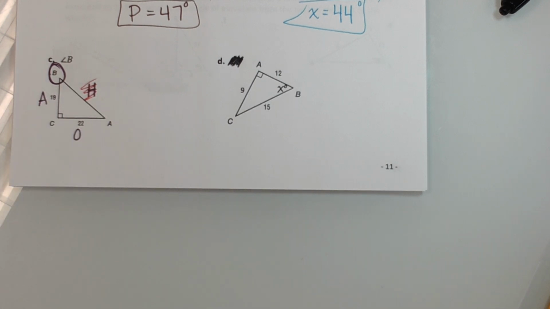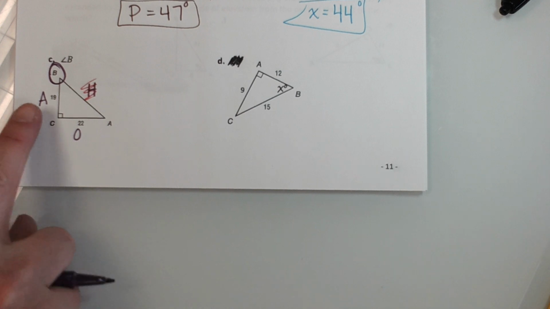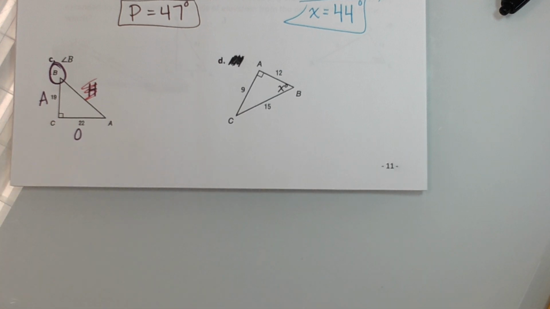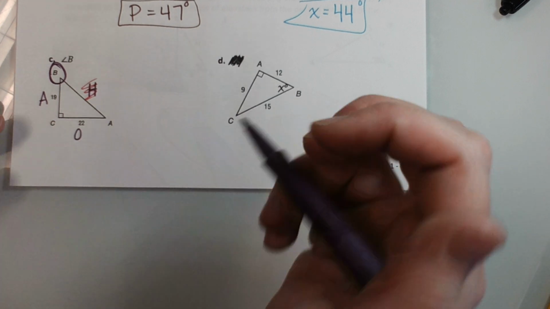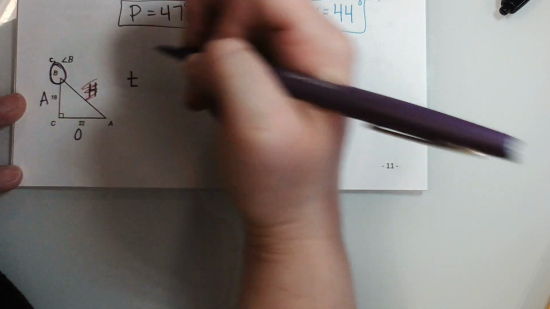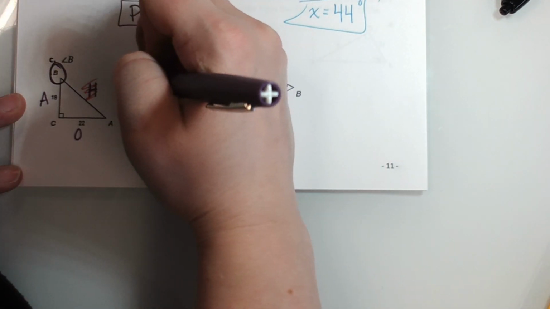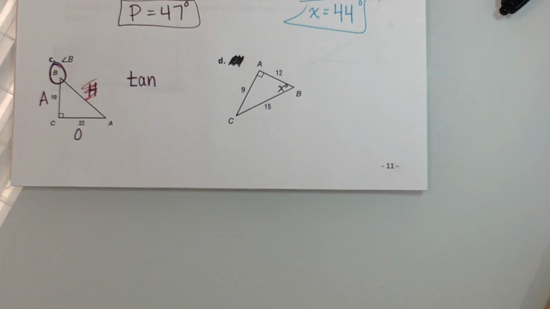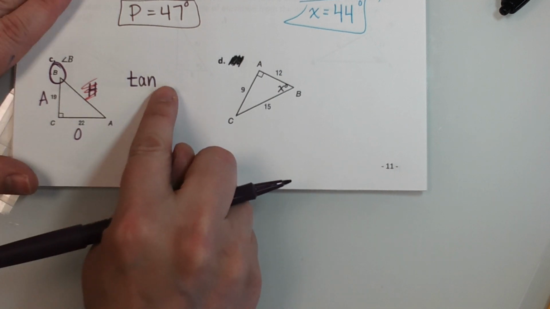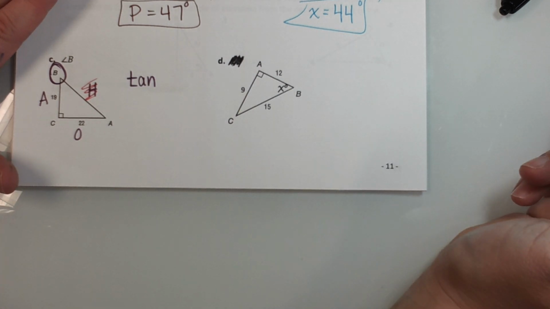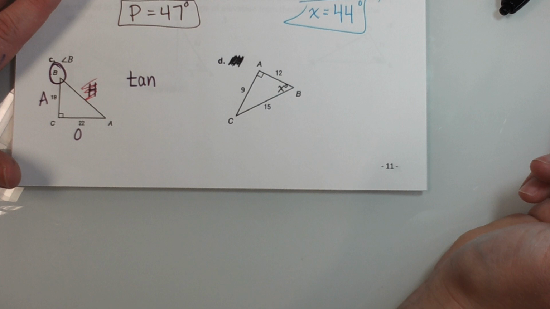Leah, which of our trig ratios uses adjacent and opposite? The TOA one. And the T stands for tangent. Or if you at least know it's TAN, you're good. Eli, what comes immediately after tangent? The fraction.